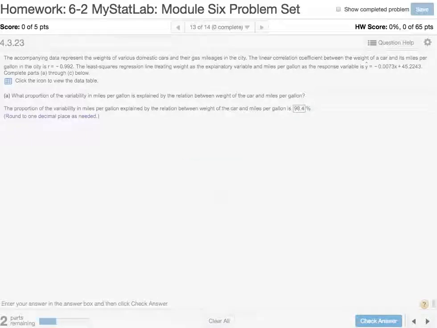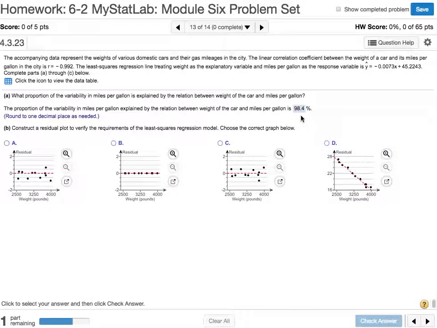Okay, good. What this number tells us is that 98.4% of the total variation is described by the variation in X, or the weight of the car. So that's what that tells us.